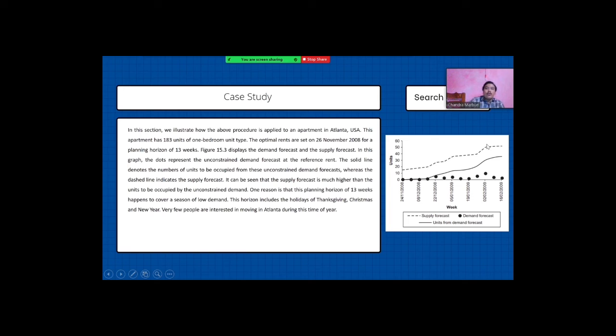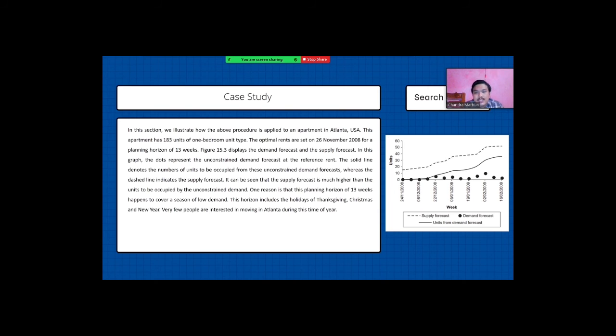And now we go to the case study. In this section, we illustrate how the above procedure is applied to an apartment in Atlanta, USA. This apartment has 183 units, of one-bedroom unit type.